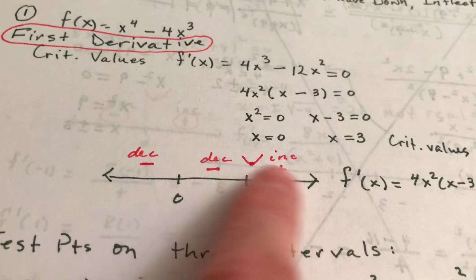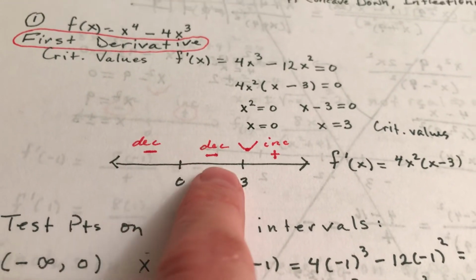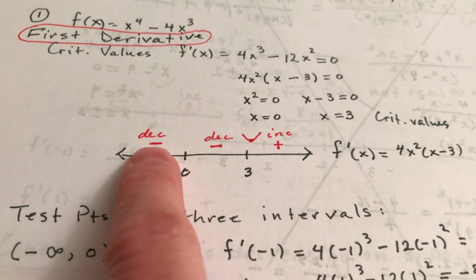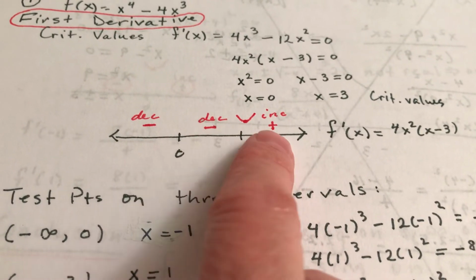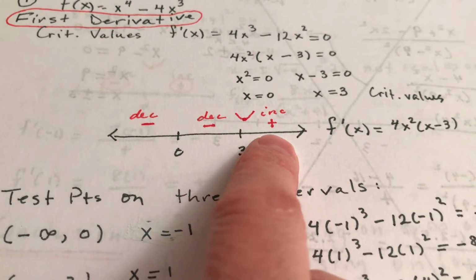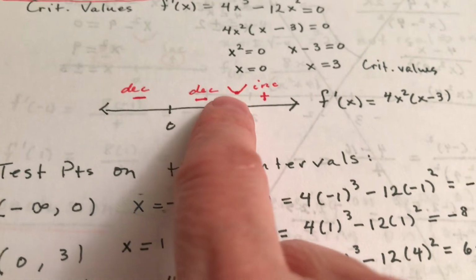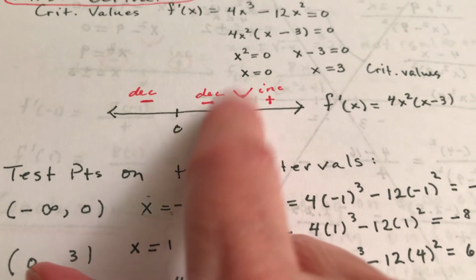In this interval, the derivative was negative, then this one was negative, this is positive, so that means decreasing, decreasing, increasing. Now there's a change of sign here. That means that the function goes from decreasing to increasing, and that gives us a local, what is that? That's a low point, a local min.